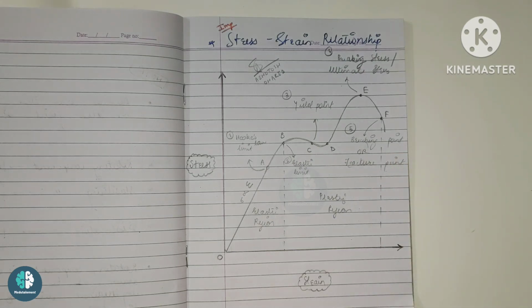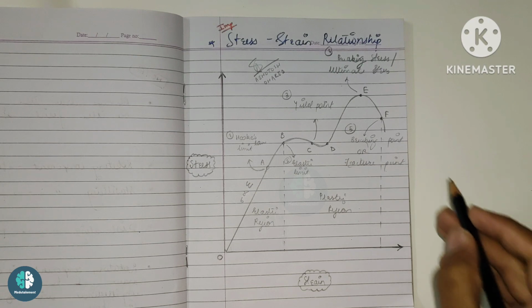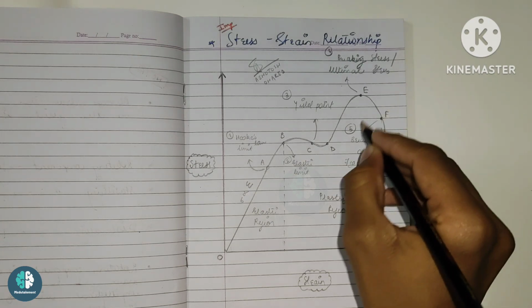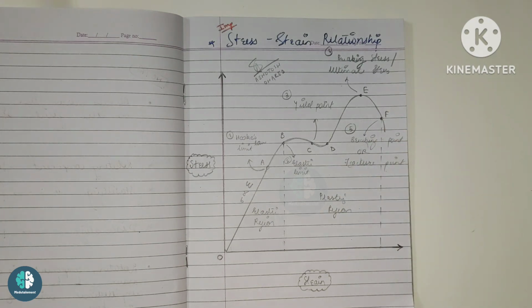So either we say breaking point or fracture point. So at F, we obtain a breaking point or fracture point where the object breaks or gets fractured.